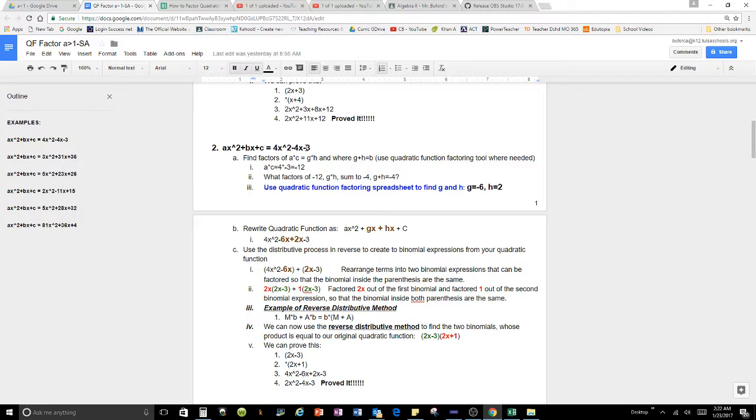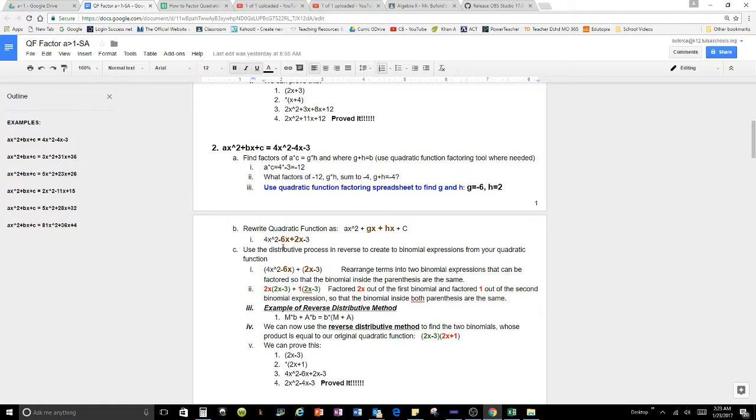We take the c and put it on the right, minus 3. Then we put this minus 6x plus 2x in between them. And it's not really changing the equation because minus 6x plus 2x equals minus 4x. So we still have the same equation, but it's being broken up in a way that's going to allow us to use the reverse distributive process to come up with the product of our binomials.